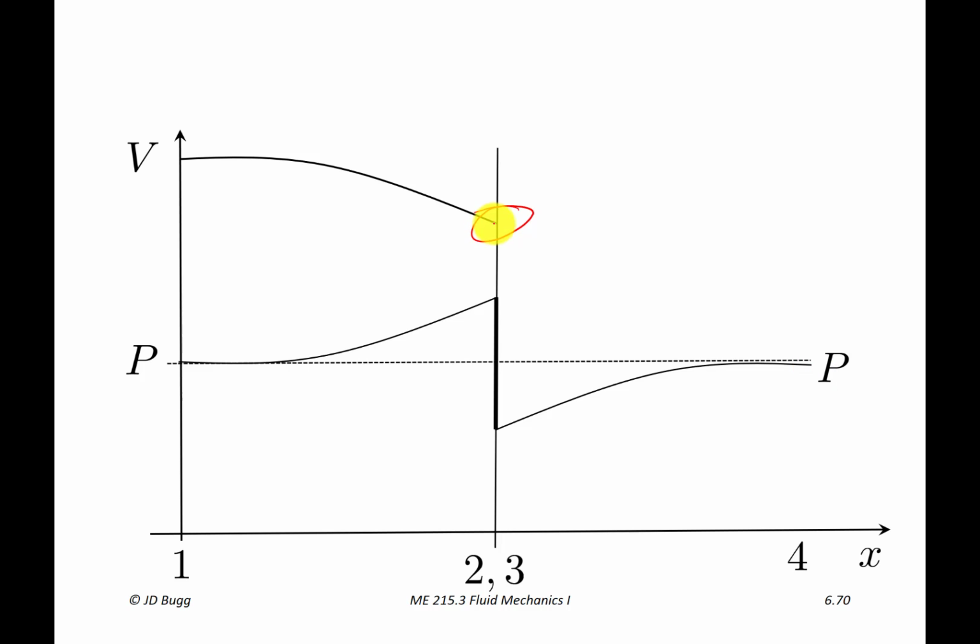Well, if we take a look at what happens to velocity, now that we're through the rotor plane, we can again apply Bernoulli's equation. We can't apply it from this side to this side, but we can, and we already have, applied Bernoulli's equation from this side downstream. So from 3 to 4 we can apply it, and what it tells us is that if the pressure is increasing, the velocity has to be decreasing.